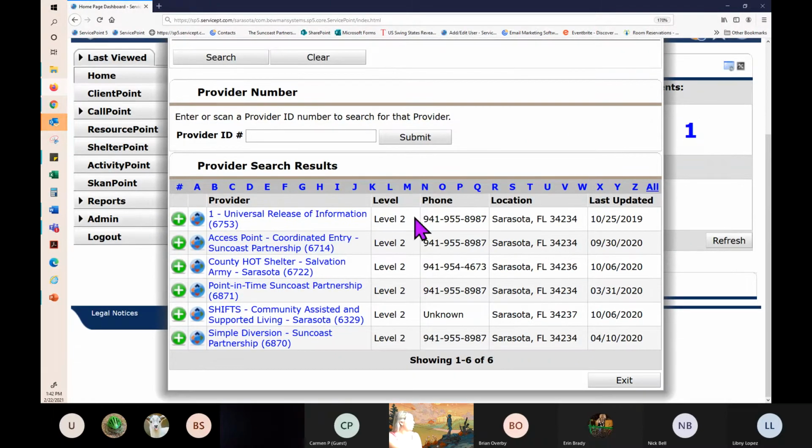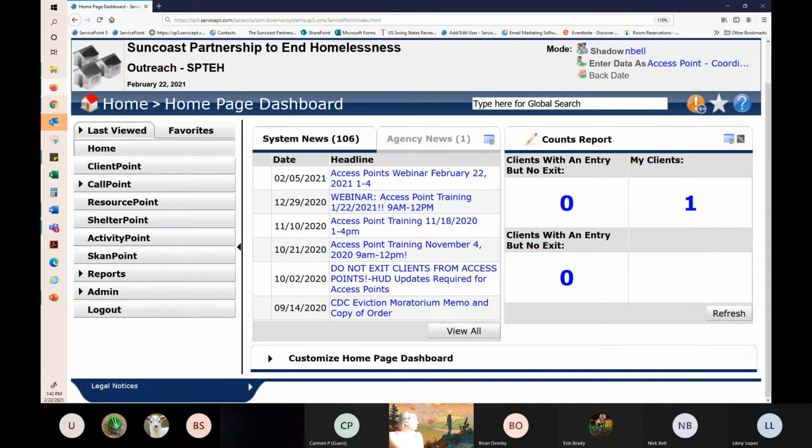So all of you should have, after today, if you don't already, your EDA for your access point coordinated entry Suncoast partnership. After training today, you will all get your access point intake instructions. As you work through and learn the system, please use this document step by step.